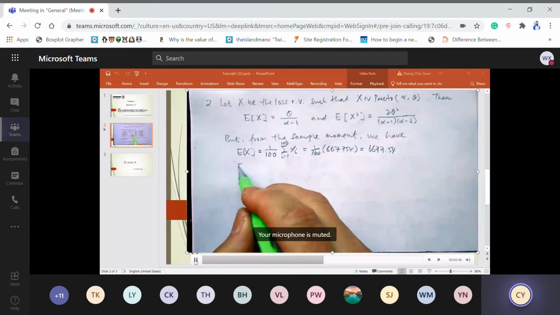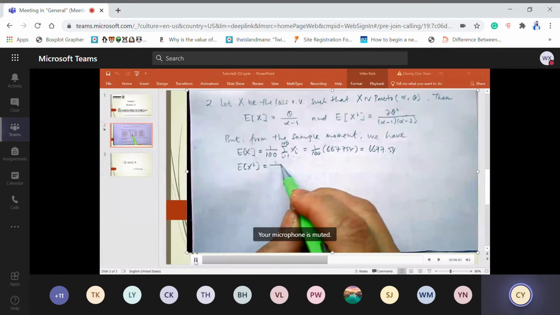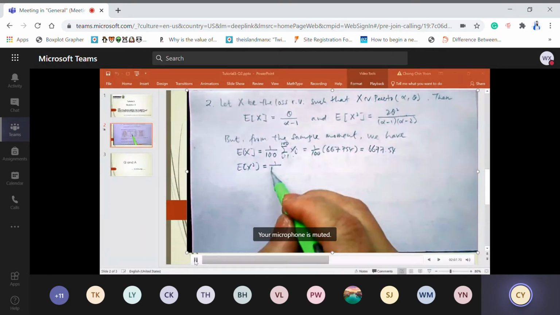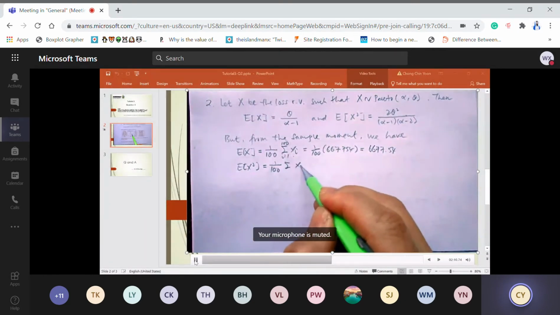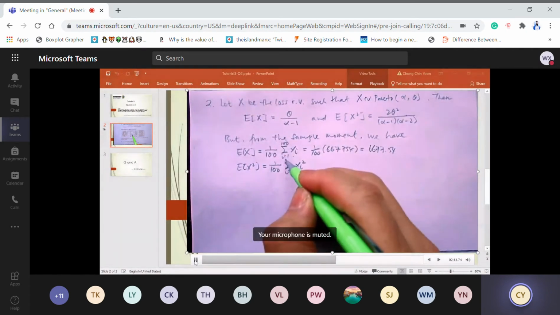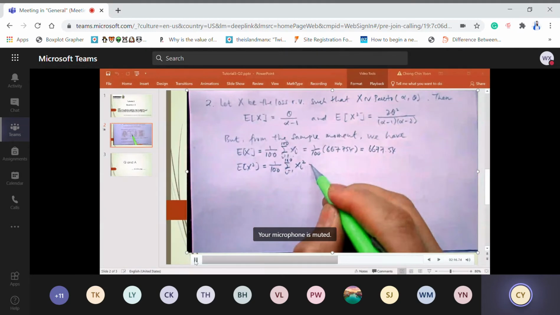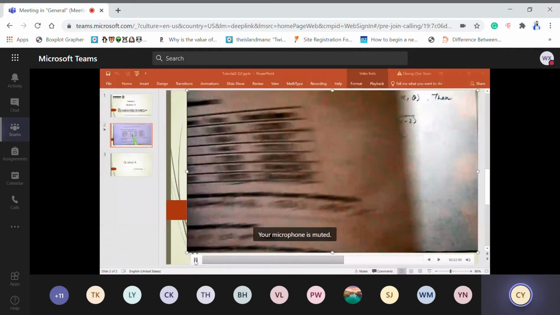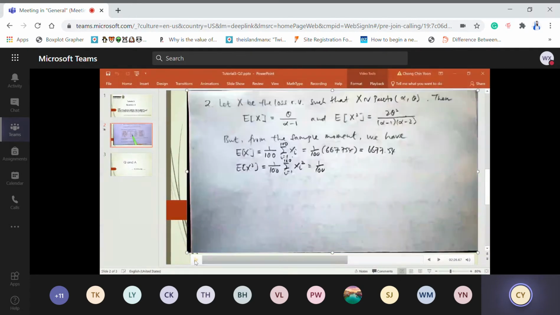Now similarly, for the second raw moment, we will have 1 over 100 multiplied by the summation of x squared, where i goes from 1 to 100. And the question gives that the summation of x squared is this figure, so we have.